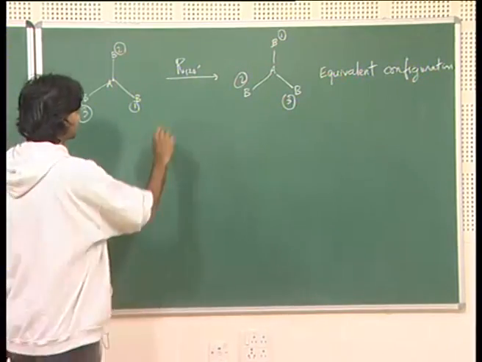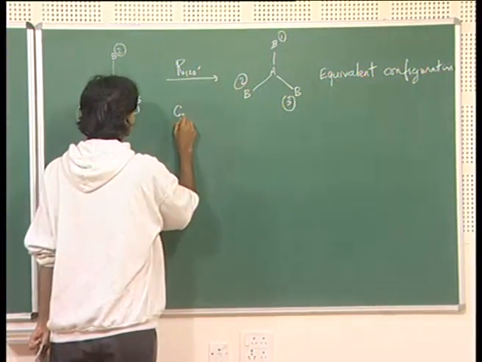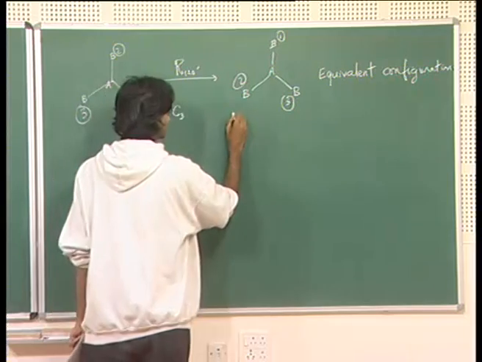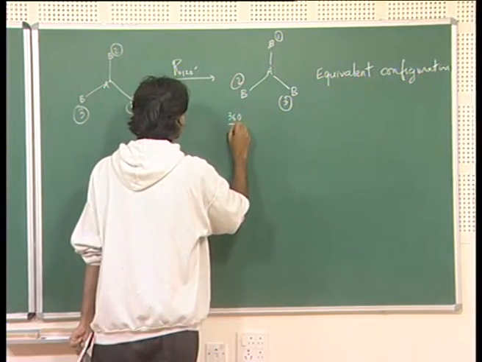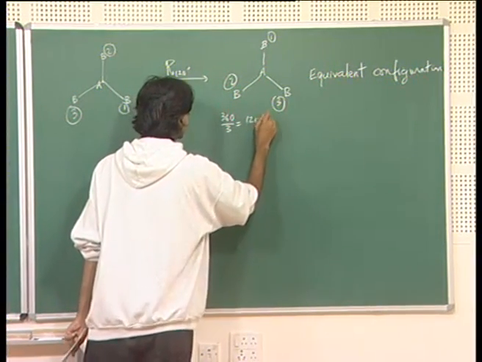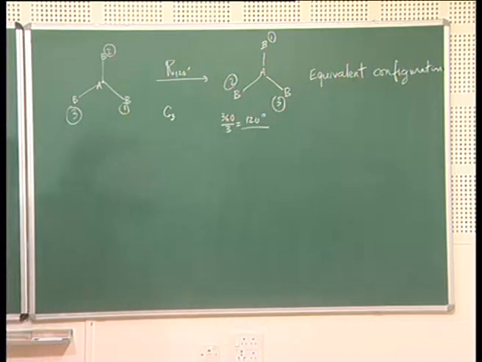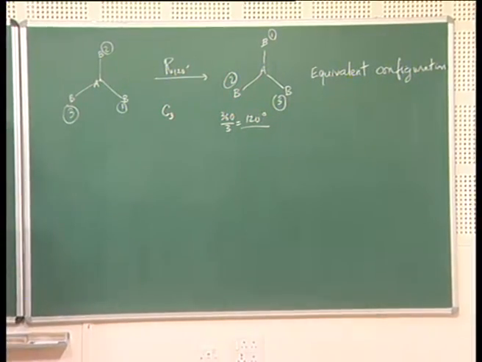This symmetry operation is denoted by C3, where 3 stands for 360 by 3 equal to 120 degree rotation. So this is a general symbol that is used to denote a proper axis.